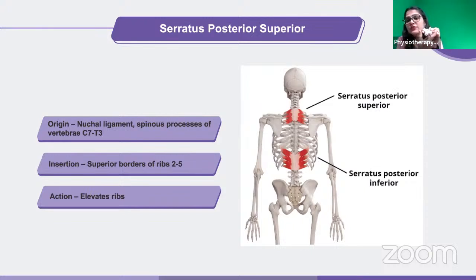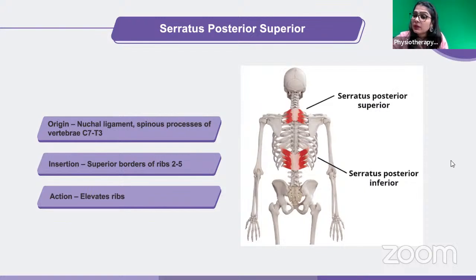When a muscle is attached to the transverse process, it can help in lateral flexion. But when the muscle is attached to the spinous process, it will purely help in extension. So this muscle helps in elevation of the rib. You can see with the picture, when this contracts, as it has attachment to the ribs, it will elevate the ribs.